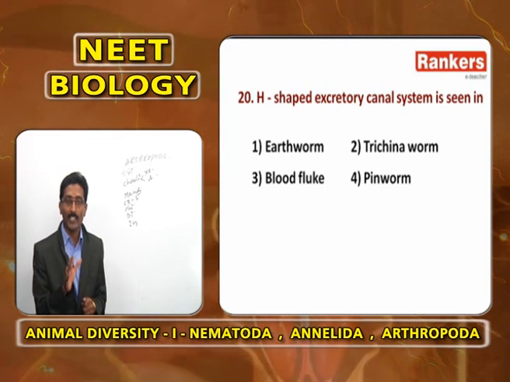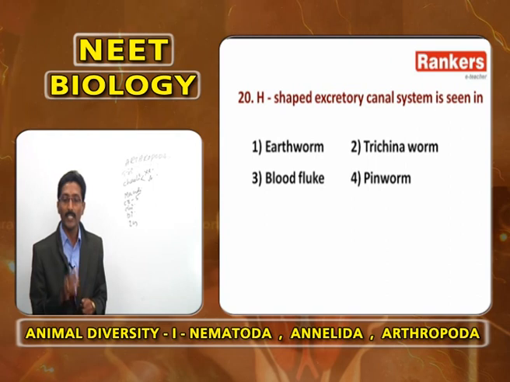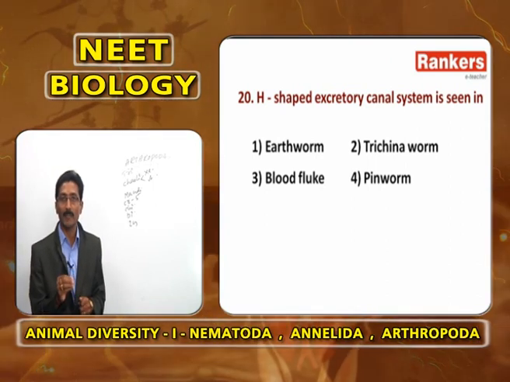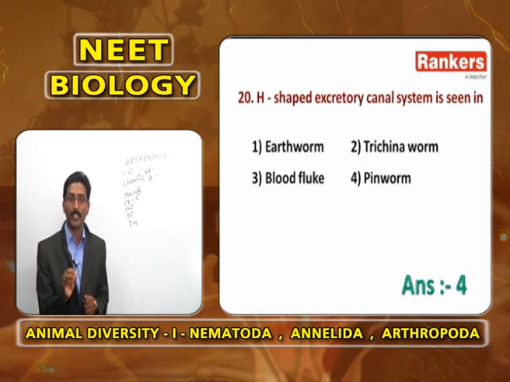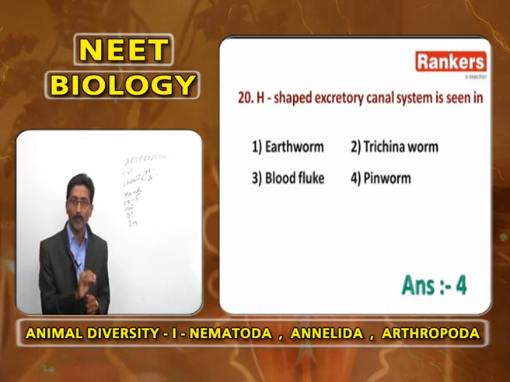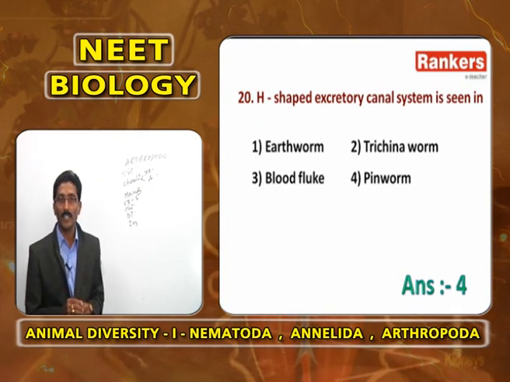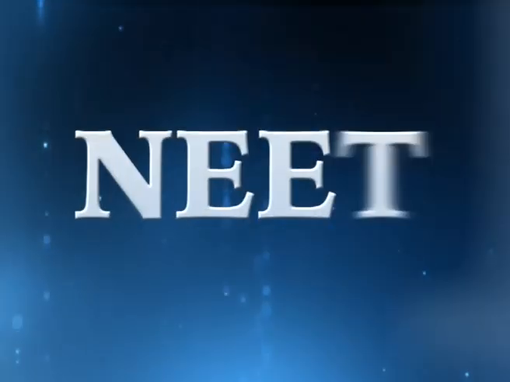The H-shaped excretory canal is present in the phylum Nematoda. One example is the pinworm, which comes under the class Phasmidia. These are the important questions related to Nematoda, Annelida, Arthropoda. In the next class, we will discuss Mollusca and Echinodermata.